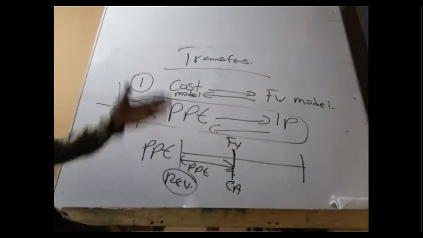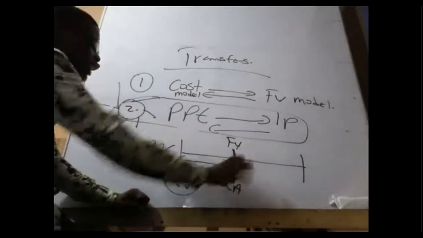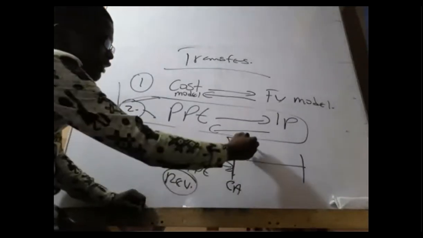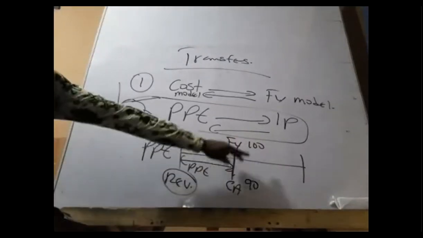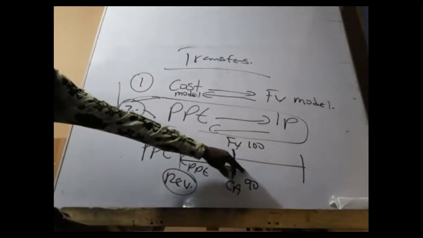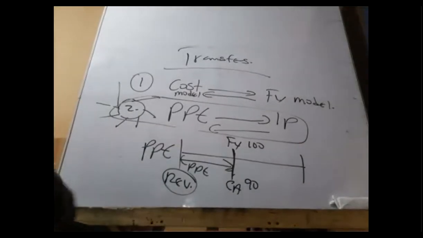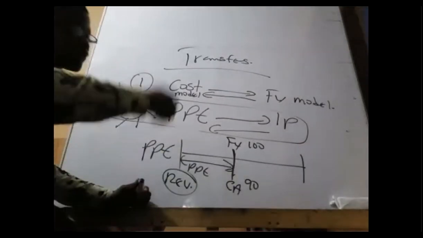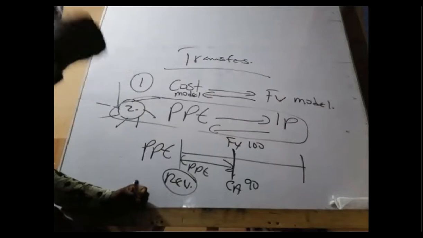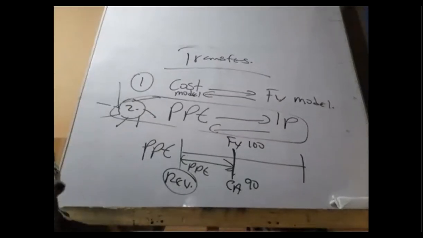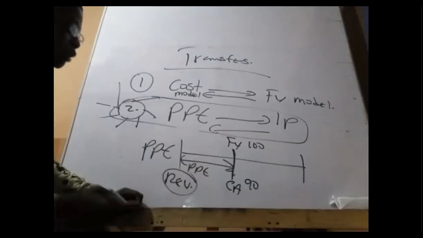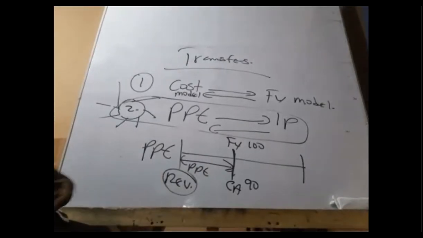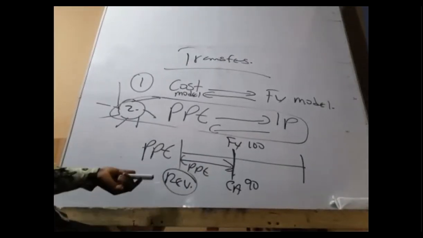So at that date, make sure that you compare the carrying amount. Let's say fair value is 100, carrying amount is 90. So there's a gain of 10. The standard says this gain is a revaluation gain, and treat it as if it was a revaluation gain, even though you have not selected the revaluation model and you are using the cost model.